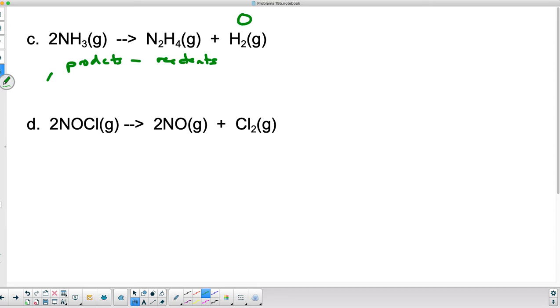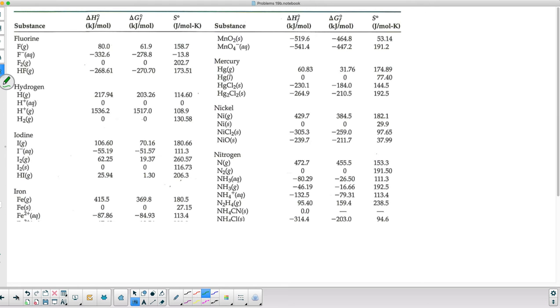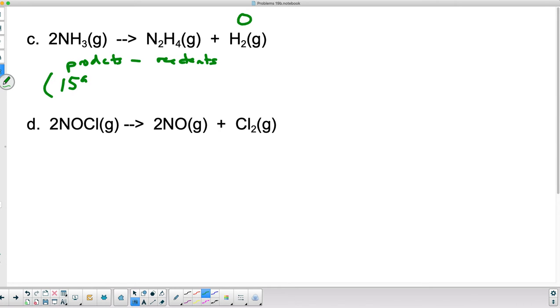In this case, my product is N2H4, which is 159.4 kilojoules per mole. That is the only product, so I add 0 for this, and I'm not multiplying by anything because I don't have a coefficient there.